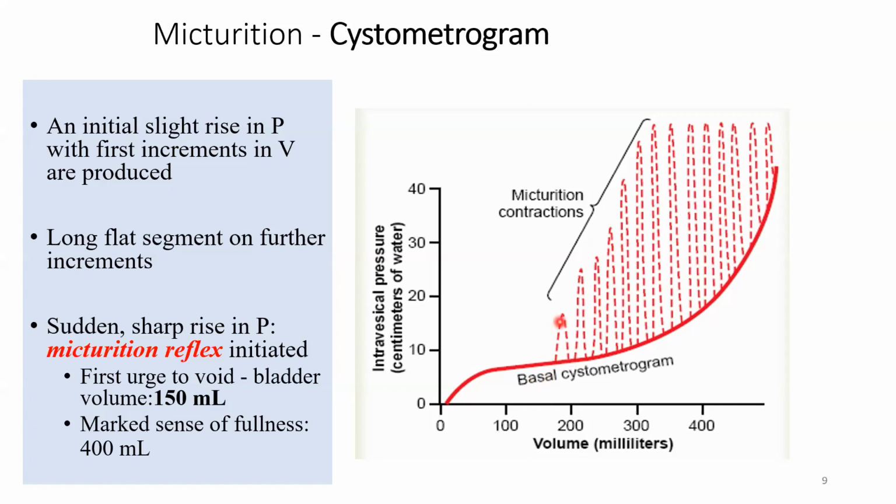So once you have triggered it and you haven't emptied the bladder, the second contraction will be higher, the next one will be higher, the next one even higher, and you can see that it just goes on and on. Beyond 400, it's actually painful to keep the bladder full, and on top of that, you are having all sorts of strong micturition contractions on a full bladder.